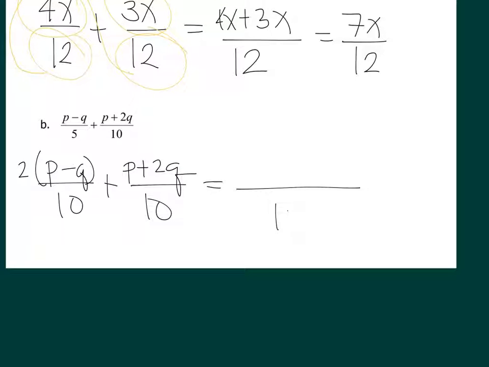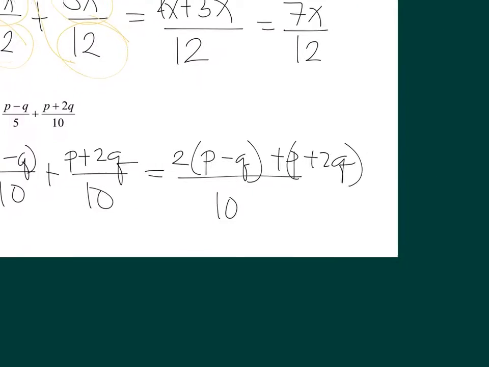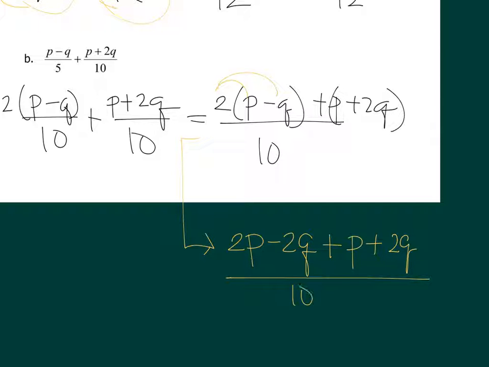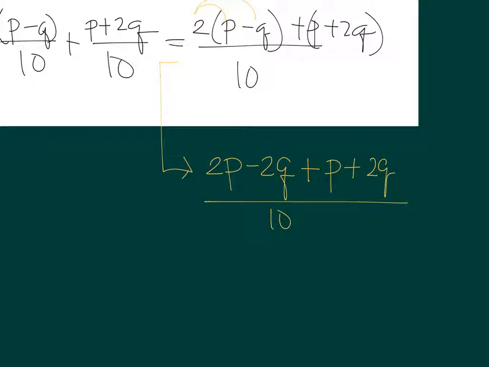Then from here, you have 10, the LCD, 2 times p minus q, and then plus p plus 2q. And then you distribute 2 to p and minus q. That's 2p minus 2q. And then you can now remove the parentheses for p plus 2q. So over 10. And then continue simplifying.